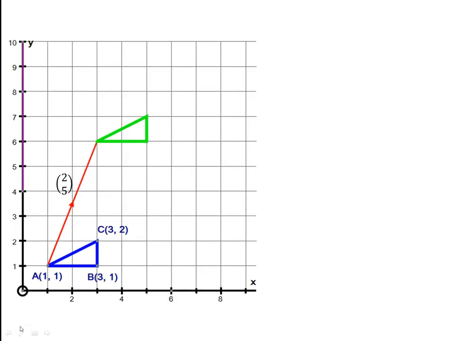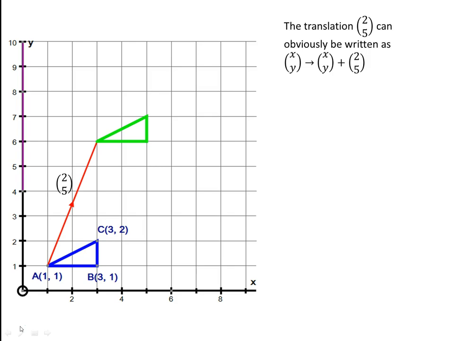So in the diagram we have the translation which moves everything 2 in the x direction and 5 in the y direction. And we can write this clearly as the point (x, y) goes to (x, y) add (2, 5).